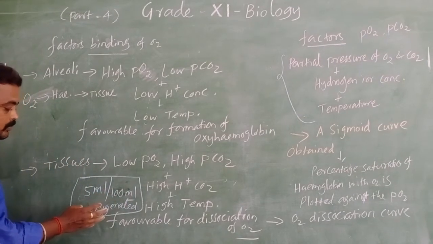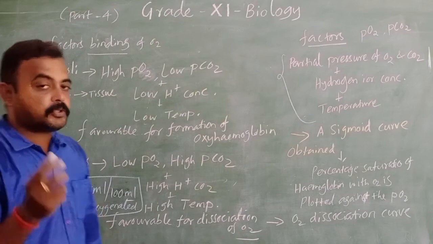So 100 ml oxygenated blood gives 5 ml oxygen to the tissues.